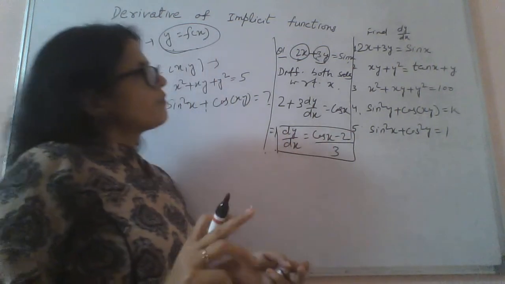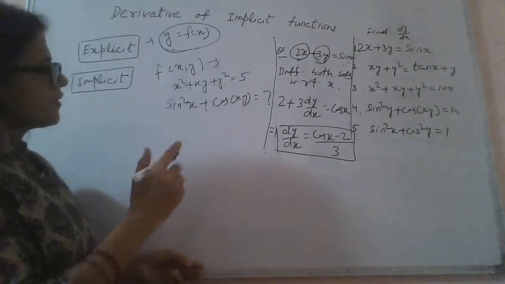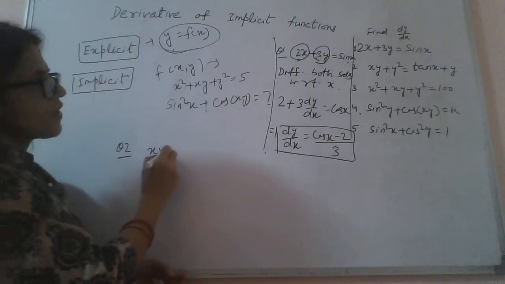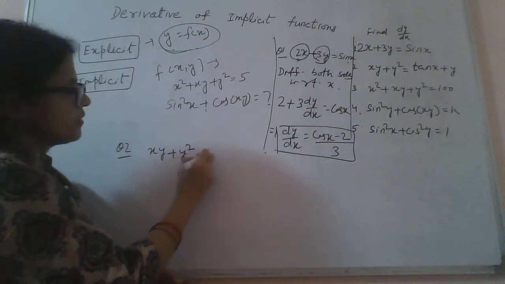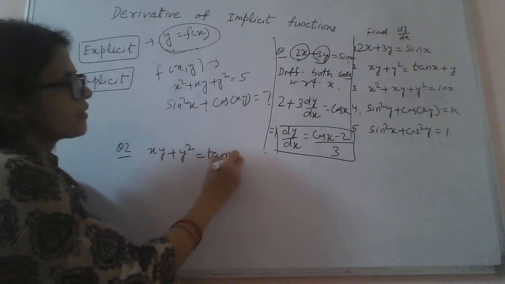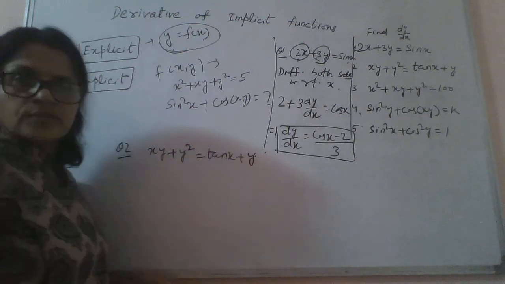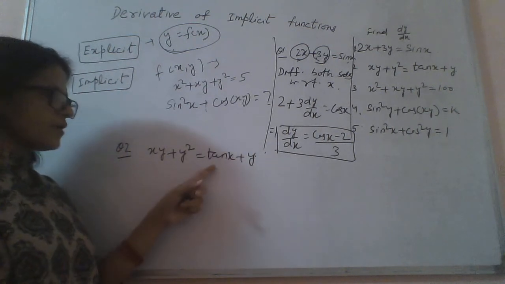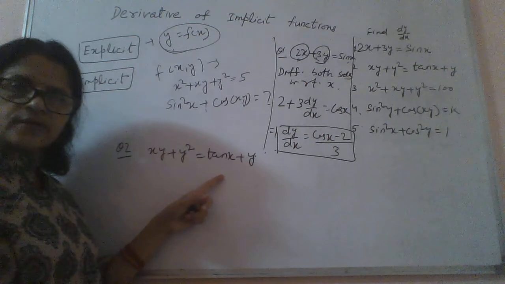Let me take one more question. The second question is xy plus y square equal to tan x plus y. Here we have x into y plus y square equal to tan x plus y.